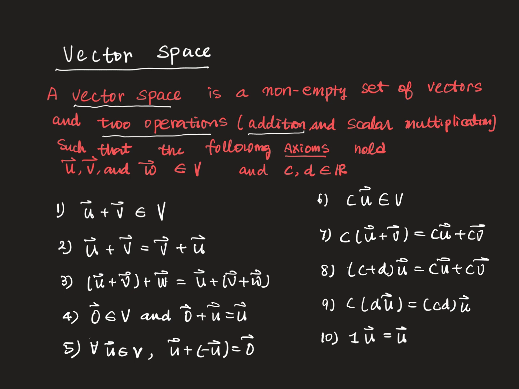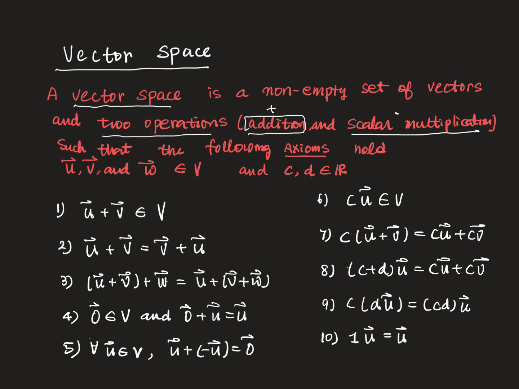First is addition, adding two vectors. Second is scalar multiplication. We define it depending on the vector space, such that you satisfy the following axioms. You have 10 axioms. You have to prove all 10 to show a space is a vector space.